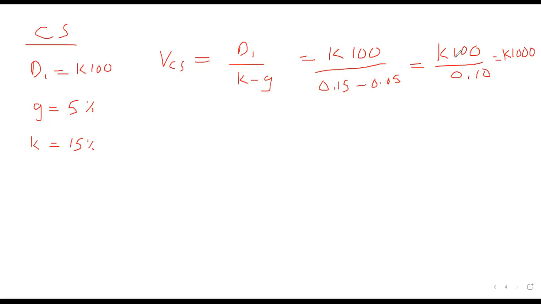But there are certain times when we have a multi-phase arrangement. We're told that a common stock just paid a dividend of 10 kwacha.